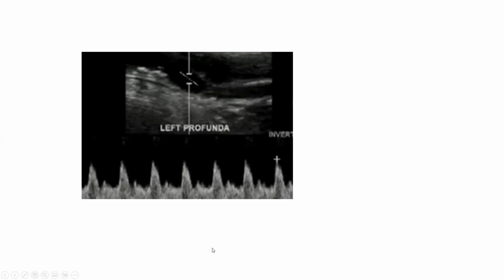It becomes monophasic because now it's what we call low resistance flow into that vein. It no longer has that early reversal in diastole. And if you put your Doppler into the vein, you'll see the vein itself also loses its phasicity.